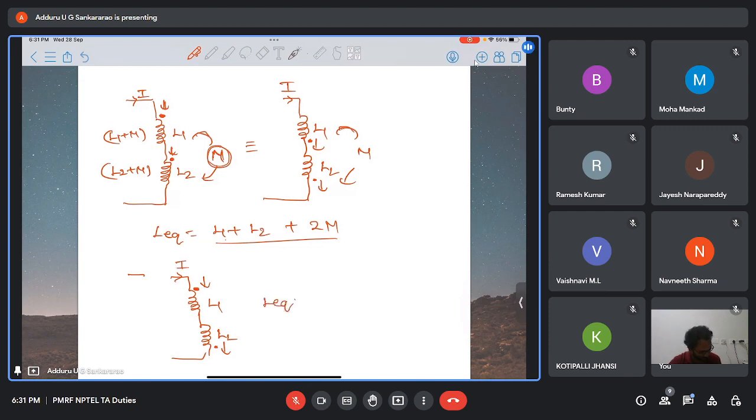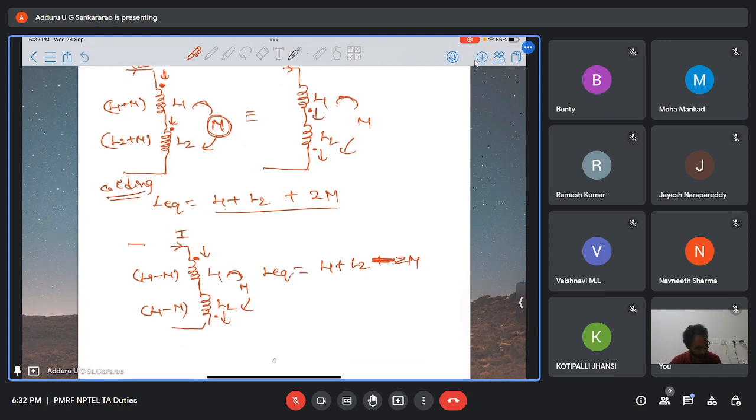Then, with M the mutual inductance between them, the equivalent inductance will be L1 plus L2 minus 2M.